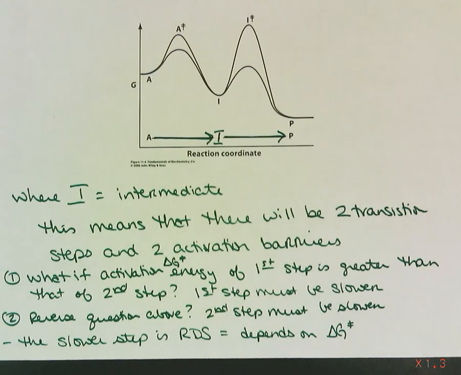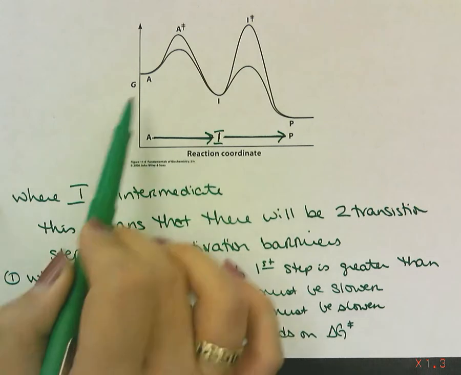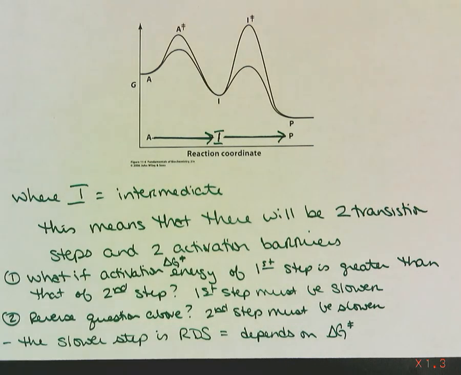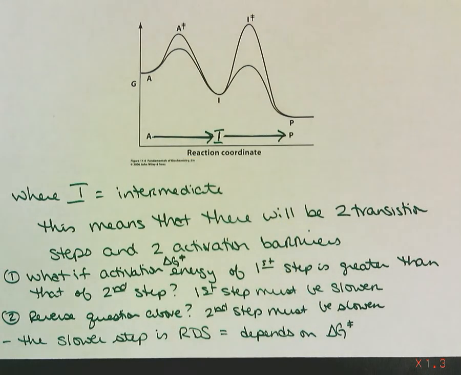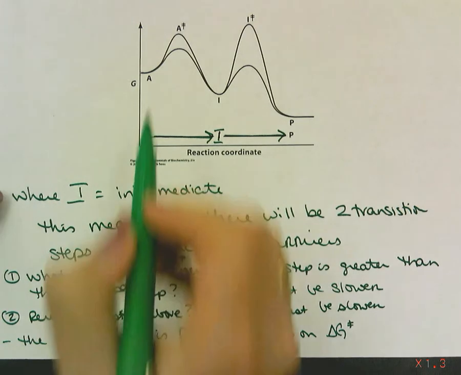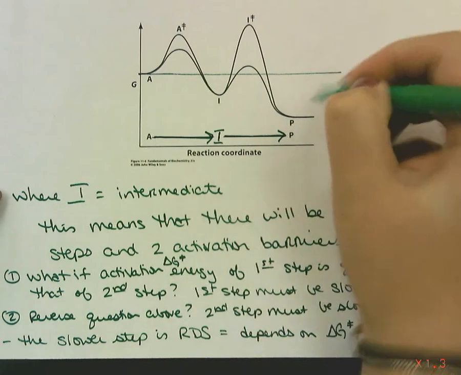All right, so I got my reaction coordinate across the bottom. I got my free energy on the y-axis. Is overall this reaction spontaneous or non-spontaneous? Spontaneous. How do you know it's spontaneous? Negative delta G, and we measure delta G from here to there.